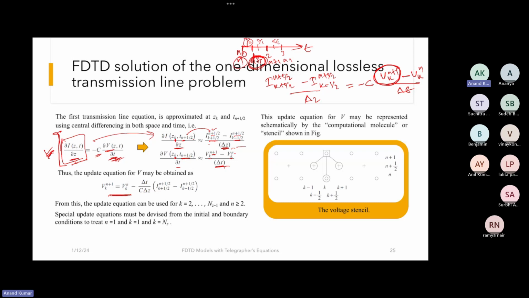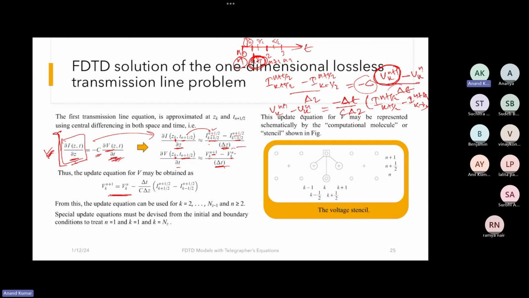We will try to separate the latest value from the previous values. The first step is to bring these terms to the left hand side. So this will be delta t divided by c delta z, times I n plus half k plus half minus I n plus half k minus half, equals v k n plus 1 minus v k n.